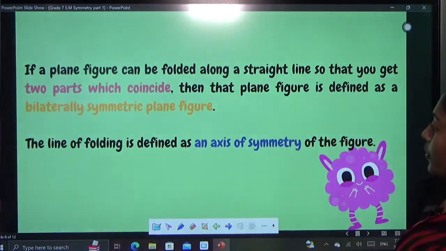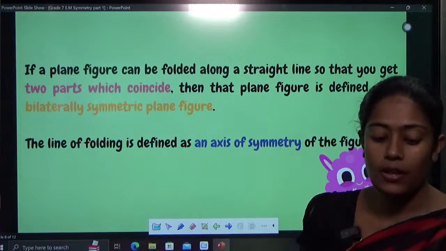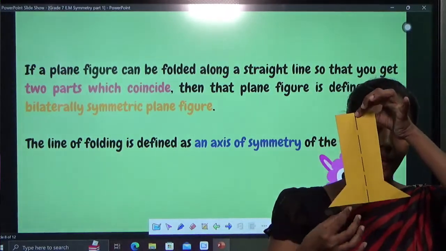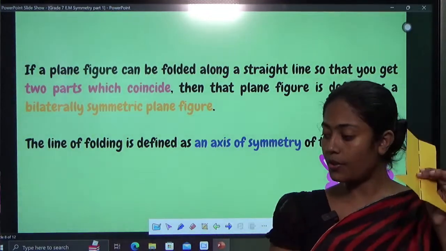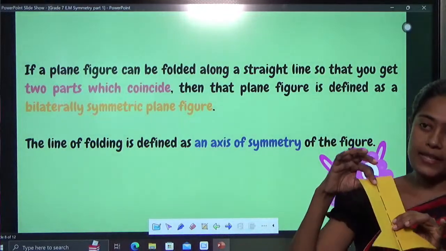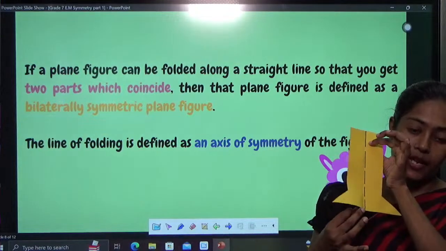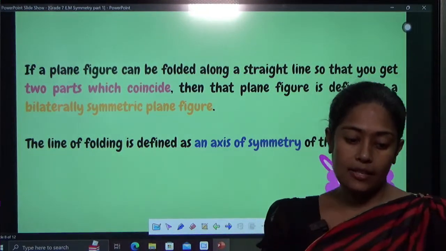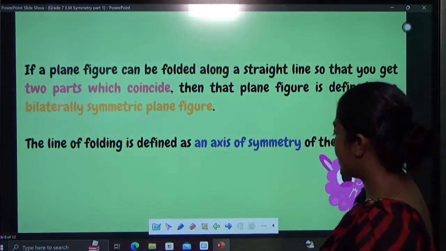The line of folding is defined as an axis of symmetry of the figure. So, the dotted line that we have drawn here, this one we call axis of symmetry. So, what you have to do, when you are pasting this, you have to mark this dotted line as axis of symmetry or symmetrical axis, right?